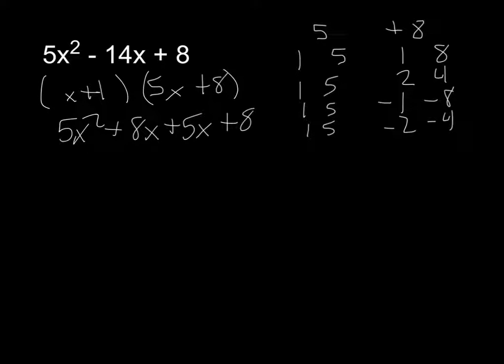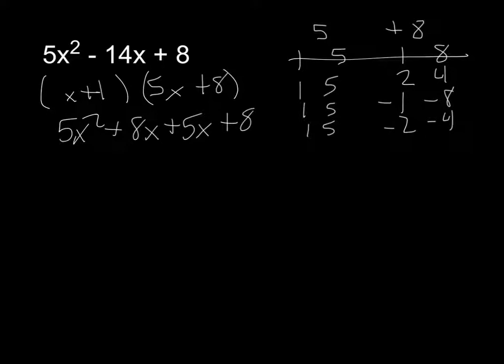So when it comes to checking to see whether these are the factors or not, it's looking at that outer and inner to see whether they add up to the right number. Now, do 8x and 5x add up to negative 14? No, they add up to a positive 13. So I can cross off that combination.